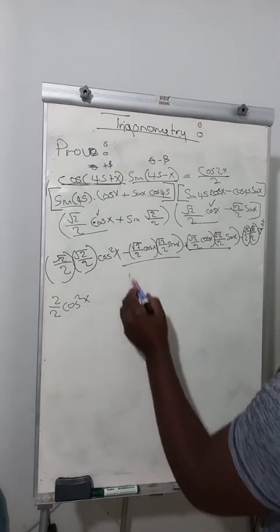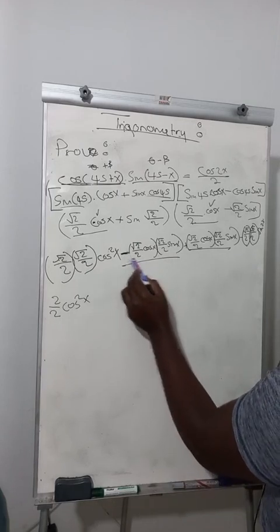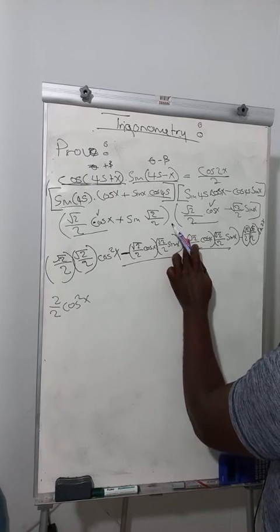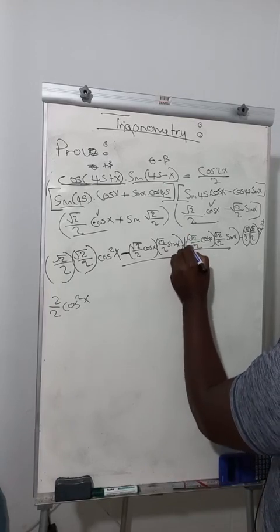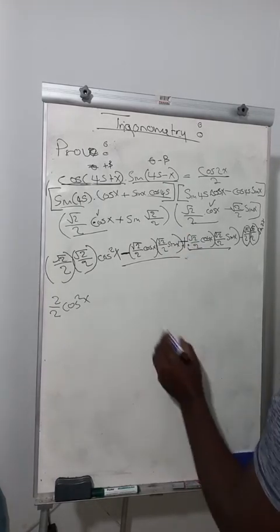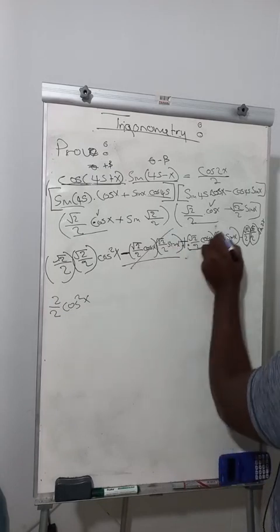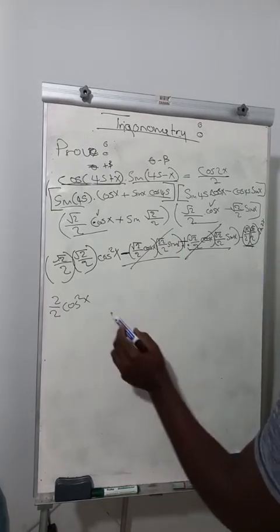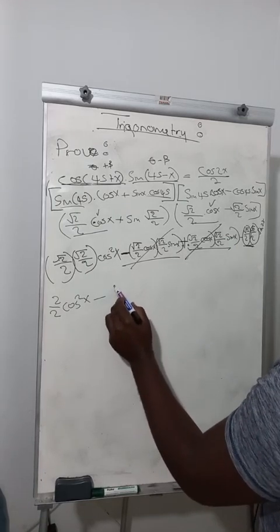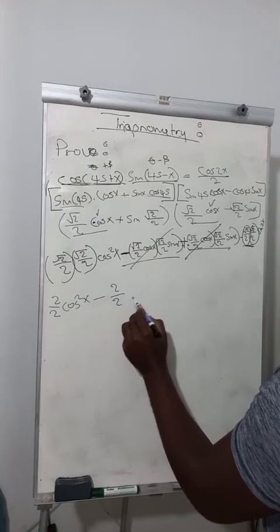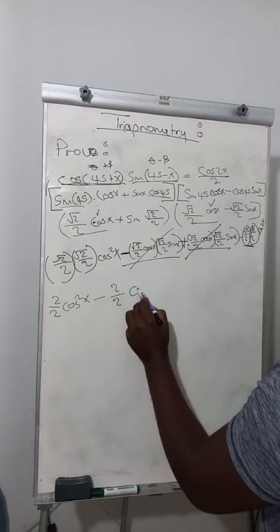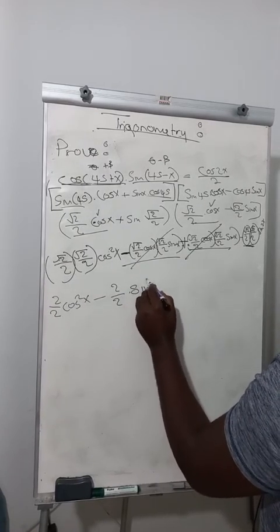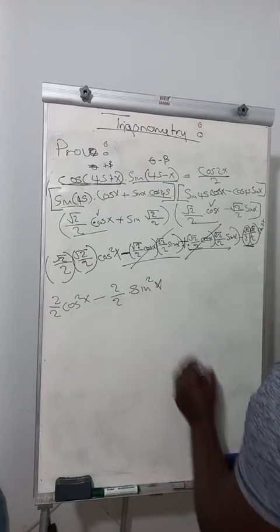And then here, I said this is a minus again, and then here there's a plus here. So it just means these two, they will go out. And then you'll be left with this here, which will just give you negative 2 over 2. And then this will be sine squared x.